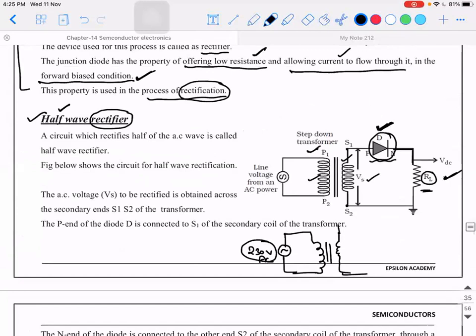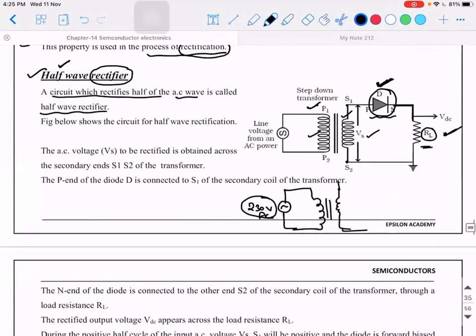So let's see what exactly happens. A circuit which rectifies half of the AC wave is called a half wave rectifier. This figure shows how half wave rectification is actually done. The AC voltage to be rectified is obtained across the secondary end S1, S2 of the transformer.